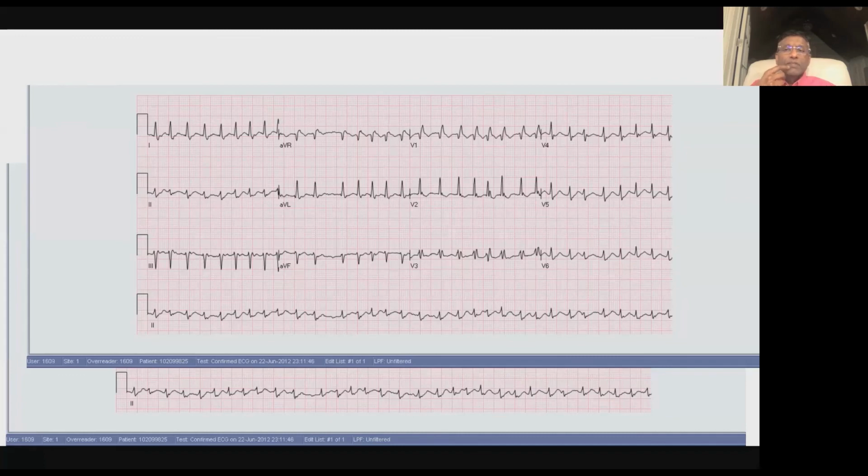Good. So what's your guess? Irregularly irregular tachycardia. Atrial fibrillation with a fast ventricular rate. Good. Very good.